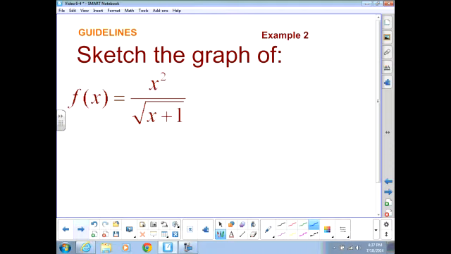When you have a square root in the bottom, the things you cannot have is the x plus 1 cannot equal 0 because of the fraction, and the x plus 1 cannot be negative because of the radical. So the only thing left for x plus 1 to be is positive. Another way of saying that is x plus 1 has to be greater than 0. Well, when you solve for x, that tells us that our domain is just x greater than negative 1.